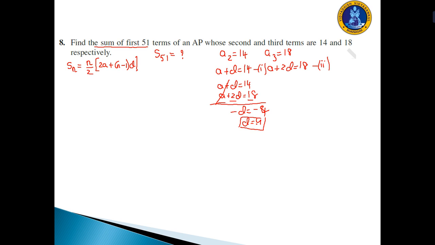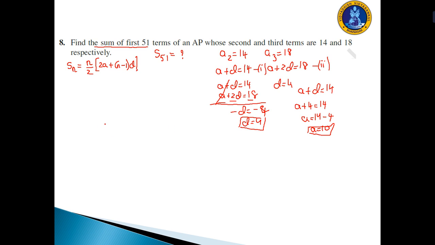We have got D is equal to 4. I have to put it in the equation A plus D is equal to 14. Now A plus 4 is equal to 14. So A is equal to 14 minus 4, which is 10.